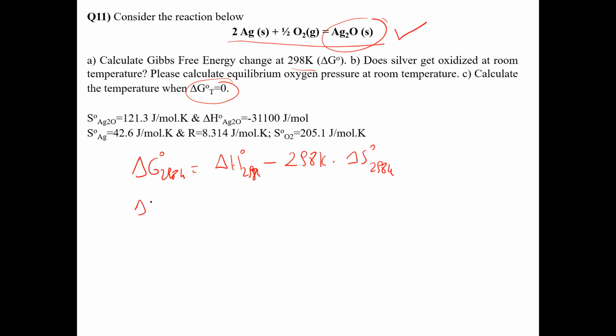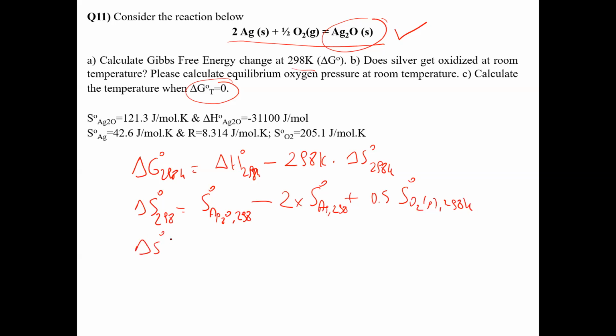Let's start off with the entropy change at room temperature. Delta S 298 Kelvin is the entropy of silver oxide at 298 Kelvin minus 2 times the entropy of silver at 298 Kelvin plus half times the entropy of oxygen gas at 298 Kelvin.